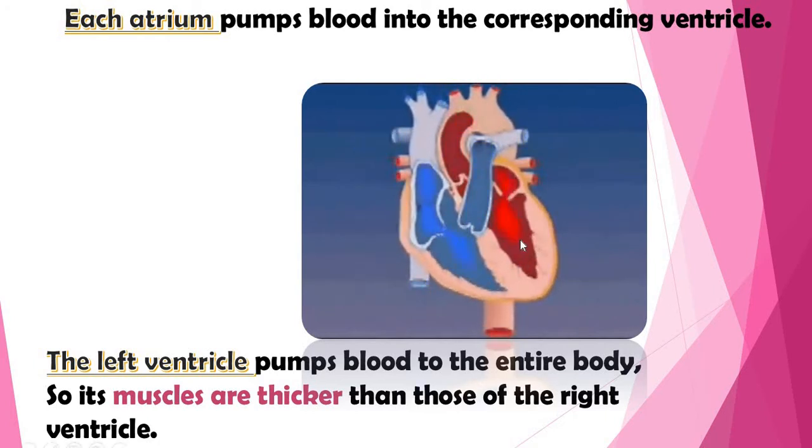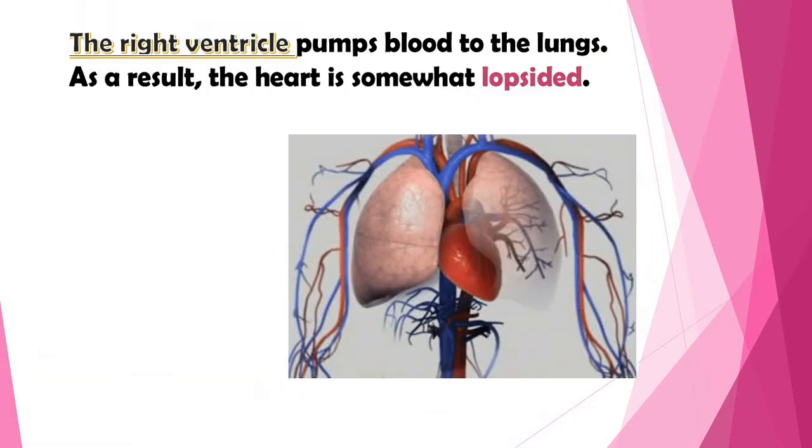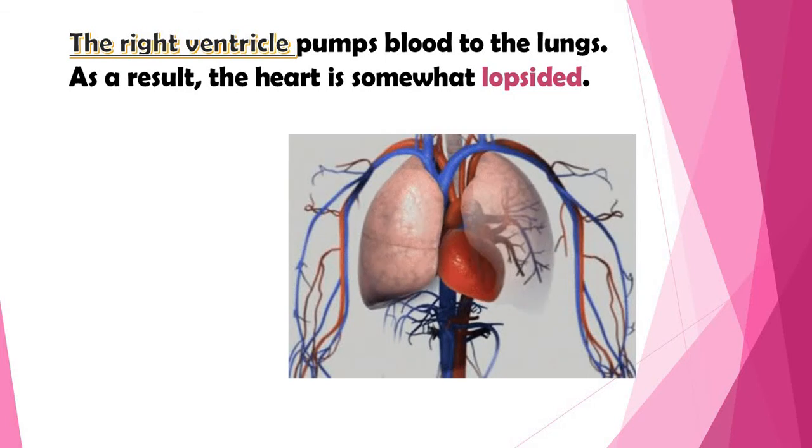It is filled with oxygenated blood, so it is the part that pumps the blood to all body parts. You can notice here that it is much thicker than the right ventricle and stronger, while the right ventricle pumps blood to the lungs, so as a result the heart is somewhat lopsided.